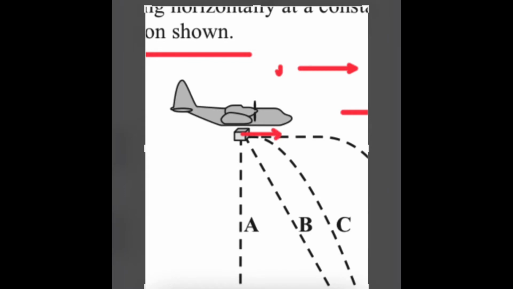After a certain time, when the vertical velocity of the package increases due to the gravitational attraction, there would be a small vertical velocity too, so the resultant velocity would look something like this. At this level the resultant velocity is like this.